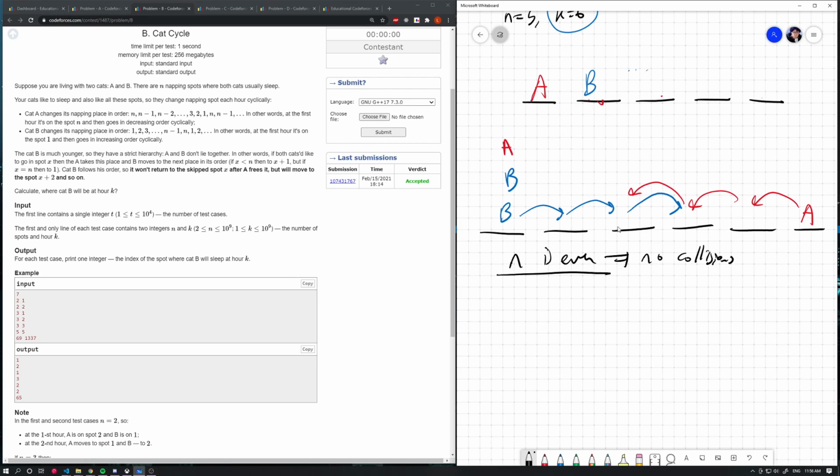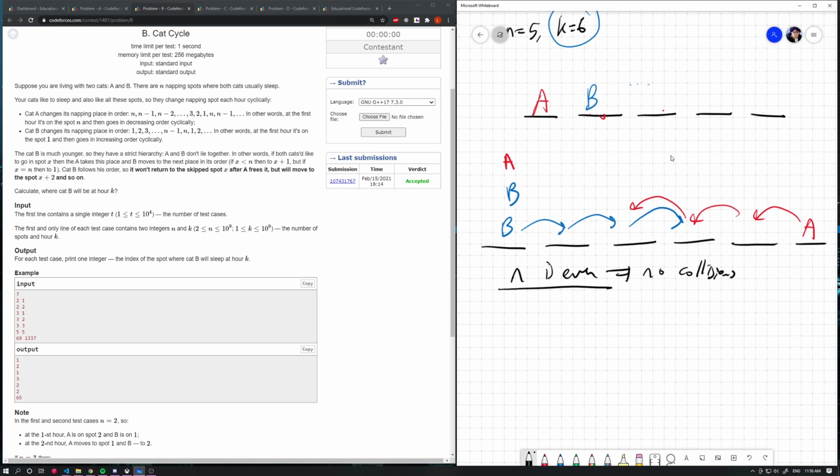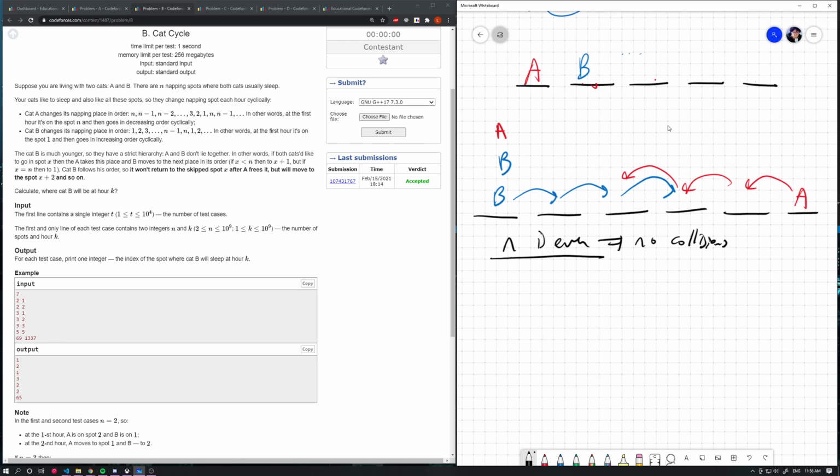That is a little bit tricky because the array is 1-indexed instead of 0-indexed, but it turns out to be this formula.